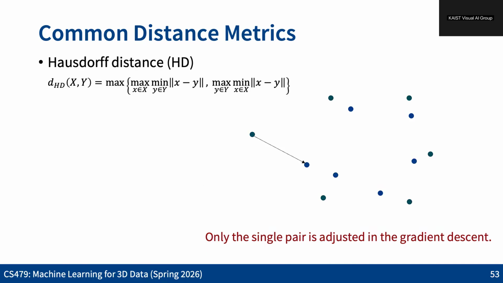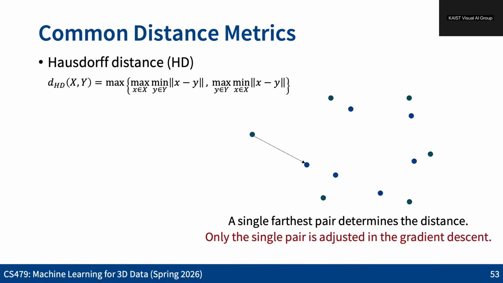Every step when you perform gradient descent, only one point is updated. It's too slow. If you want to make 1024 points, every single backpropagation is just updating a single point. That's not something that we want to see, right? It would be just two ways of the computation.